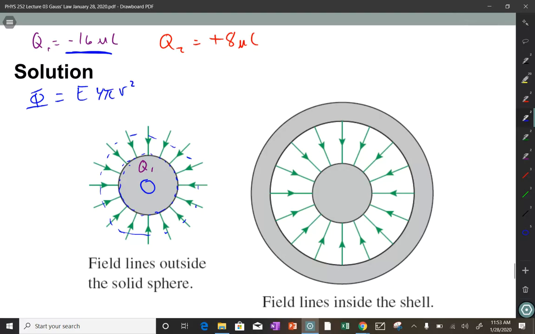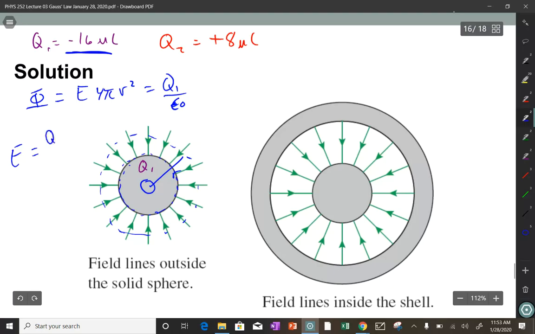The electric field at whatever the radius r is here, times 4 pi r squared, the area of that spherical shell, is equal to the charge enclosed, Q1 over epsilon 0. And so we get E is equal to Q1 over 4 pi epsilon 0 r squared. And so that's going to be Q1 k over r squared. That's right.